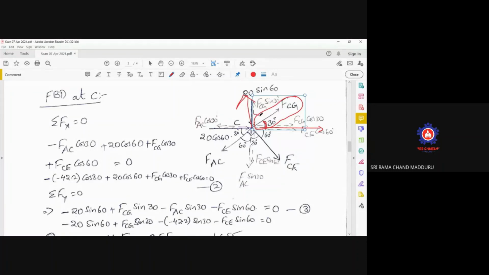You can take it with respect to vertical also. You can simply understand this is 90 minus theta. So sine of 90 minus theta is nothing but cos theta. With that principle, if you take the angle vertically it is cos, then if you take it horizontally, the same angle will give sine. Cos of 90 minus theta is sine theta.